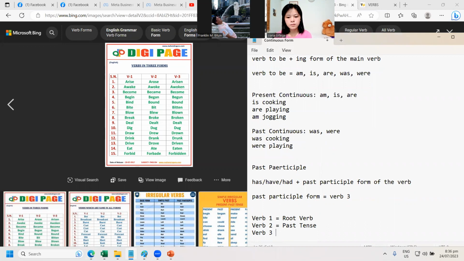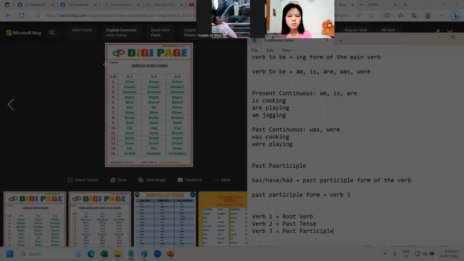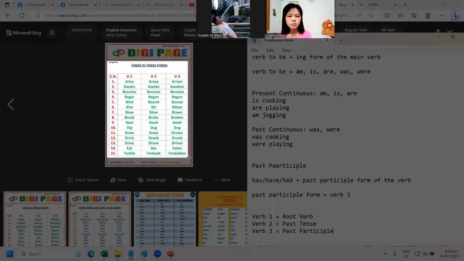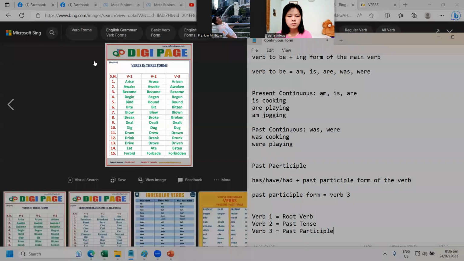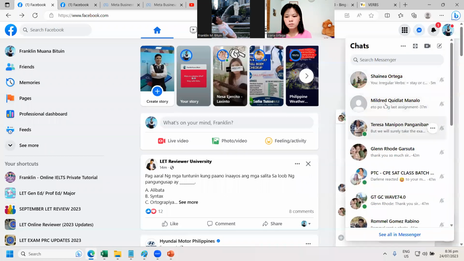Verb 3 is the past participle. Again, you need to memorize this because there are no rules for this one. So you just need to memorize the words.